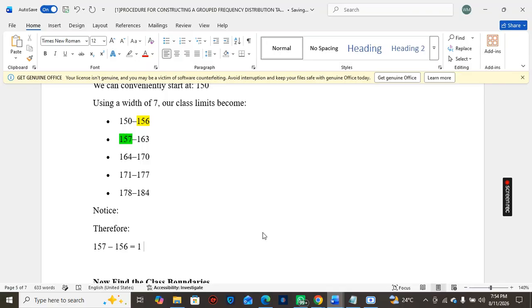Then whatever value you get, divide it by 2. So 1 divided by 2 is 0.5. So this is now what we're going to do.